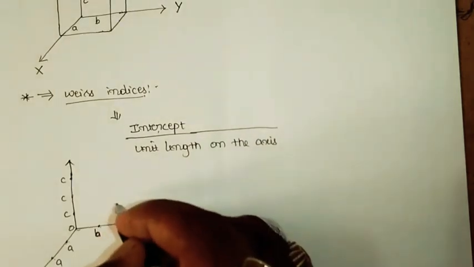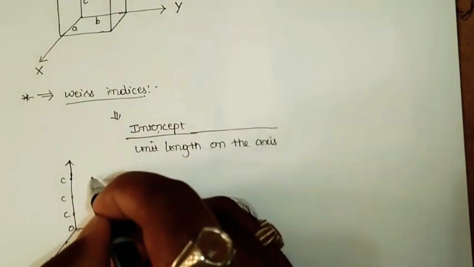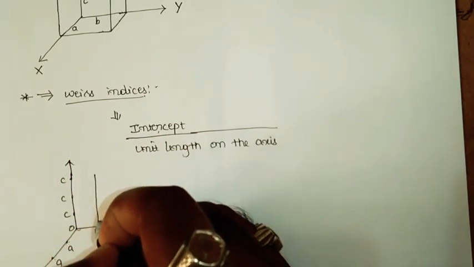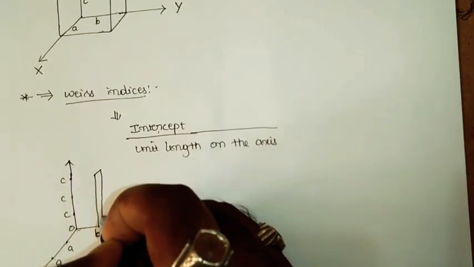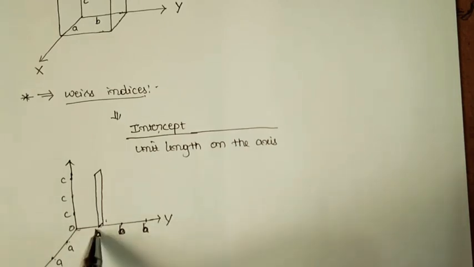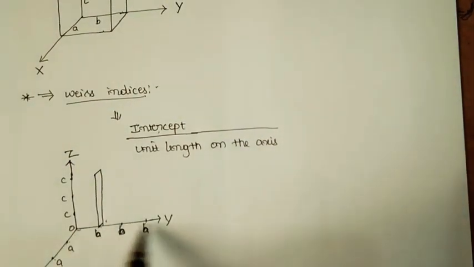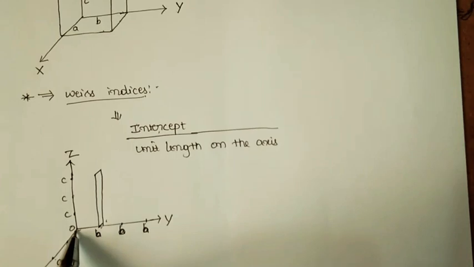If you consider one plane which is present like this, this is the plane we consider, and this plane is present on the y axis and it is not oriented along the z or x axis, it is oriented along only the y axis. And what is the length it covers, and what is the intercept it makes from the origin?